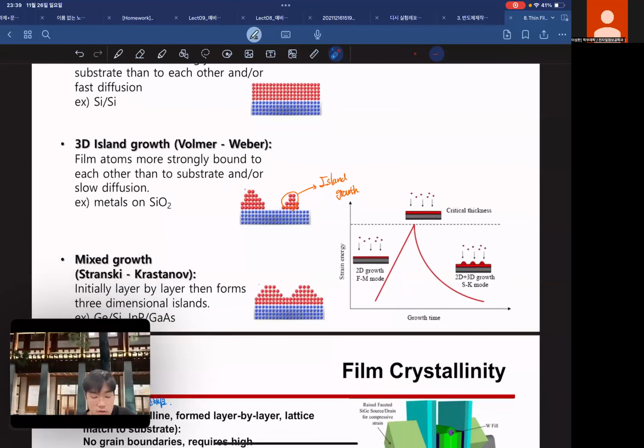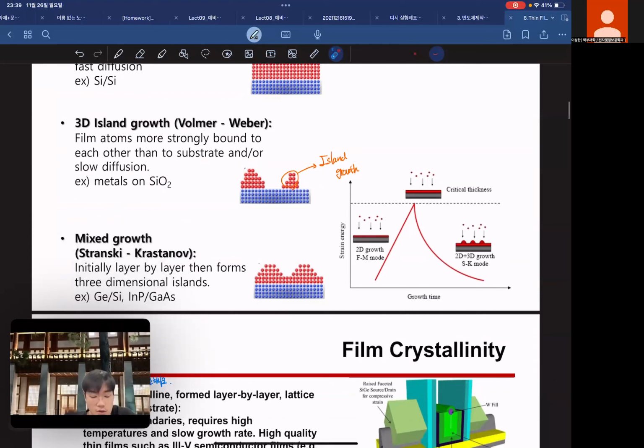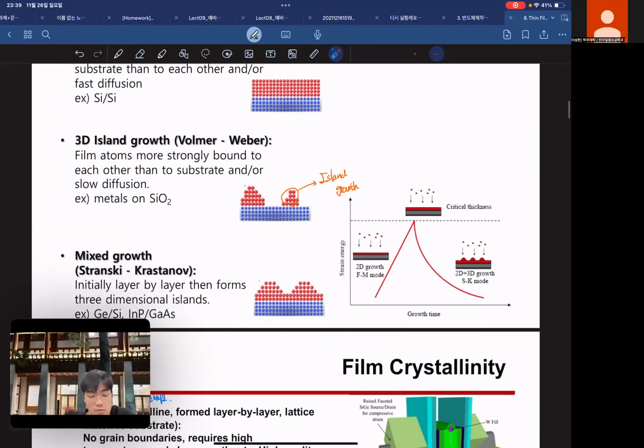And third is mixed growth. This is a mix of island growth and layer growth.